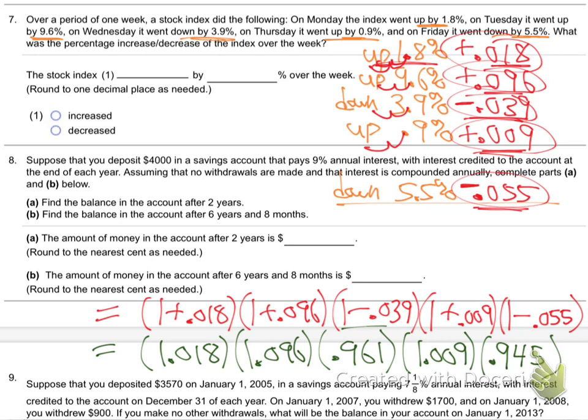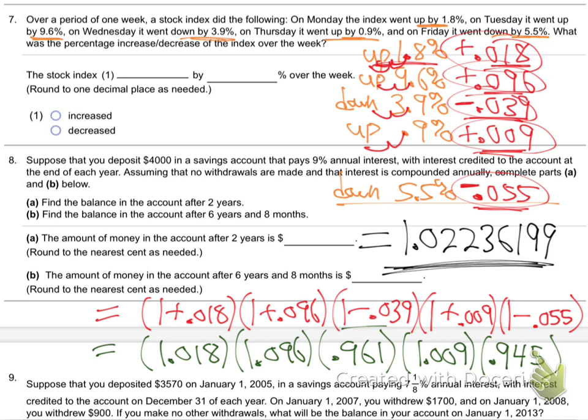Okay, so when I do all that, I got the answer of 1.02236199. Did you guys get that? Multiply those numbers together on your calculator. So it became this. Okay, now what does that mean about the final answer?